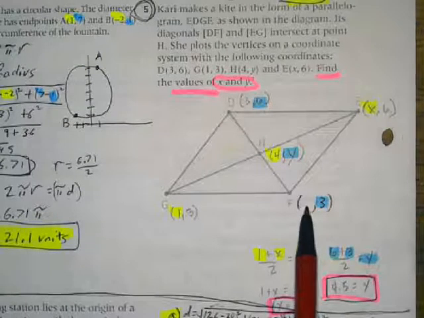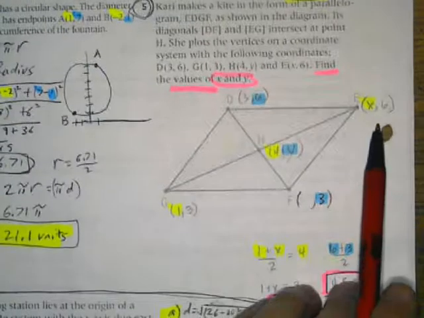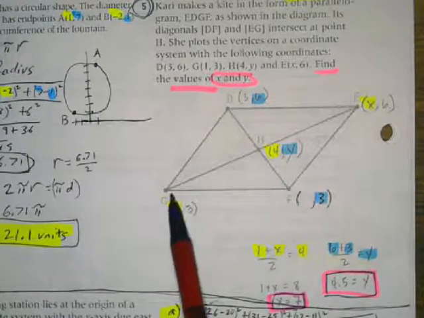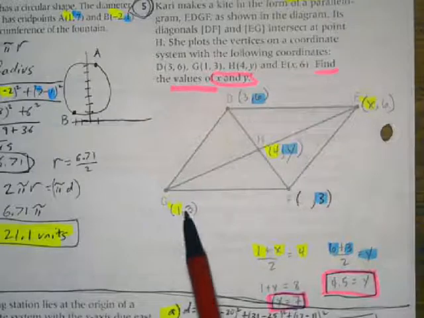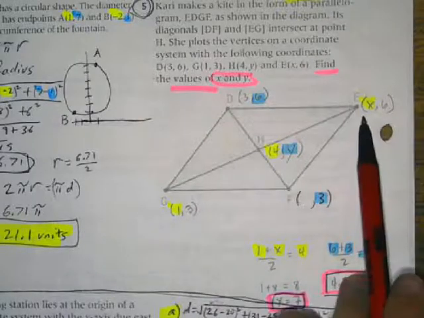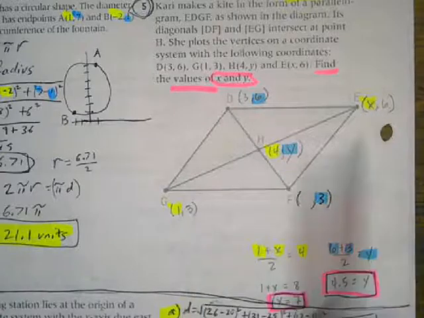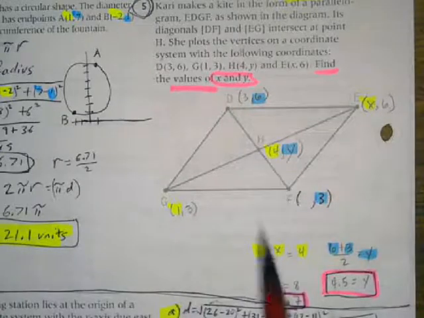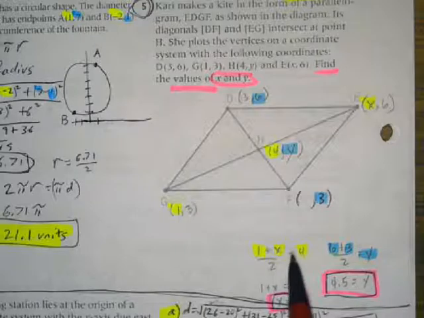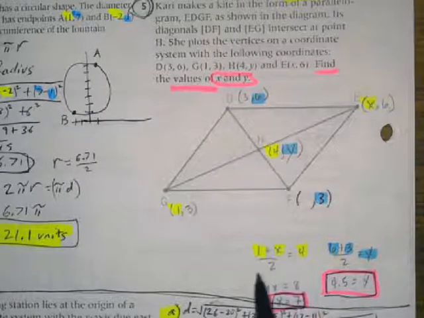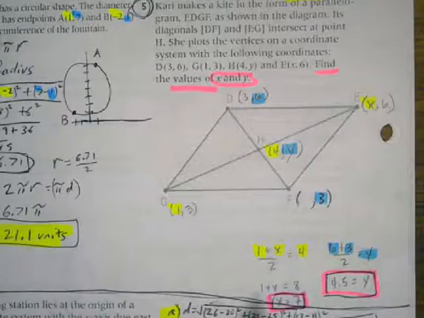So if I want to find what x is, well, we know the midpoint is 4, and the x value on this end and the x value at this end is 1 and x. So we take the average, 1 plus x over 2, and that's going to give me 4. We can multiply both sides by 2, and I get 1 plus x equals 8.